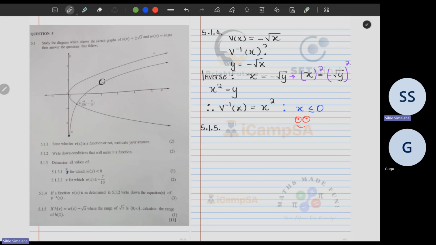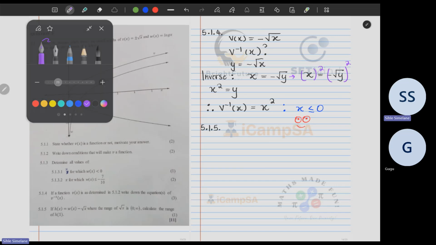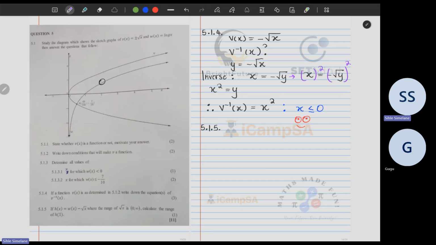Okay, this should be easy. Here they are just looking for the y value. If you look at h of x, we have w of x minus the square root of x. Then when they say h of 1, all they are saying is just plug x equals 1.